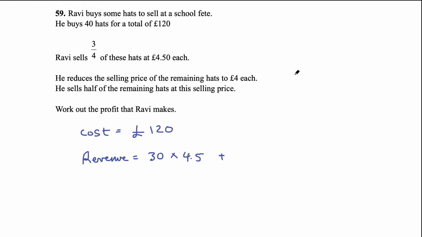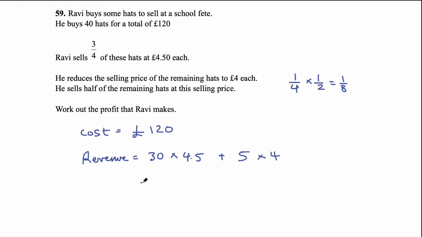So he had 1/4 left and he sold half of those. So half of 1/4 is 1/8. So he sold 1/8 of the hats at £4 each. Well, you could do 1/8 times 40, or you could think of 40 divided by 8. That would be 5 hats times £4 each.